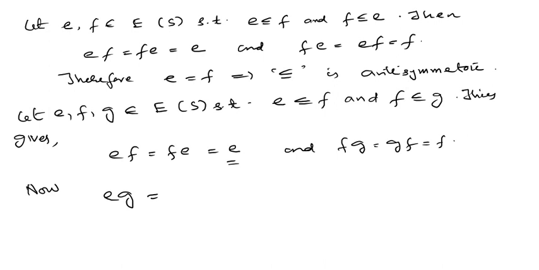So it's equal to EFG. Then you can apply the associative law. You can write it as E times FG, but that one is equal to F. It's equal to EF. Now again EF is equal to E.